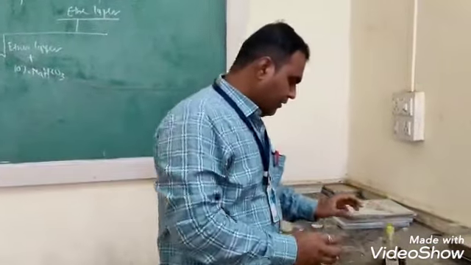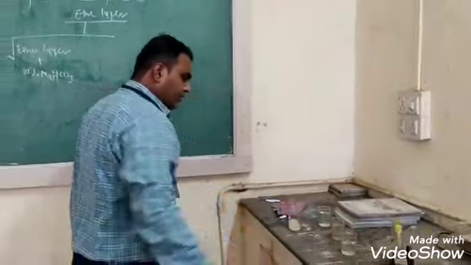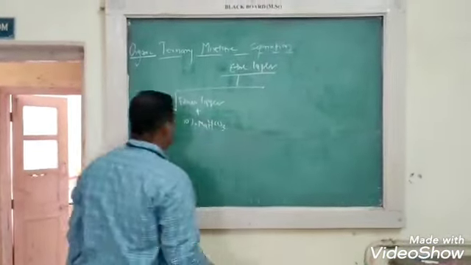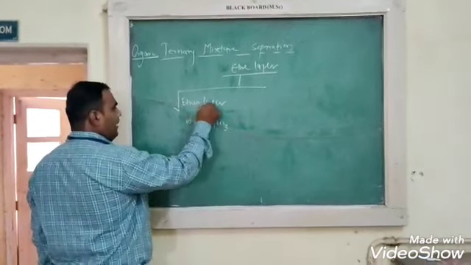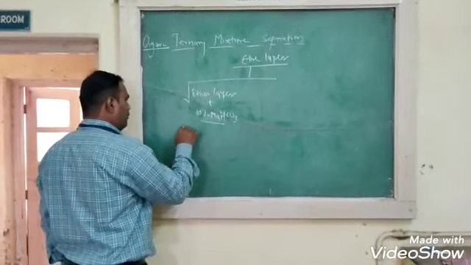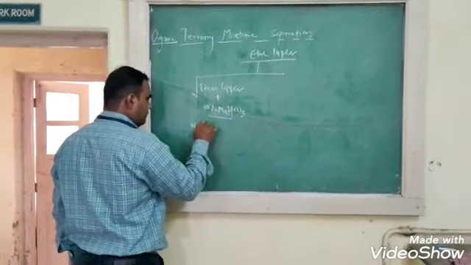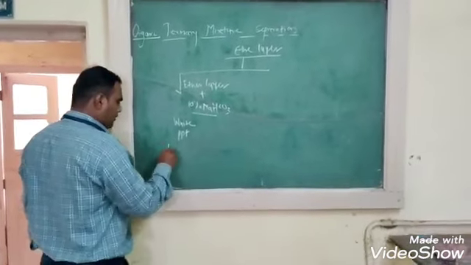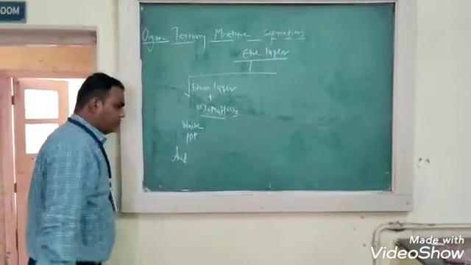Okay, now in our mixture two PPTs are formed. By addition of bicarbonate to the ether layer, we get the white PPT, meaning formation, or confirmation, of the acid component.